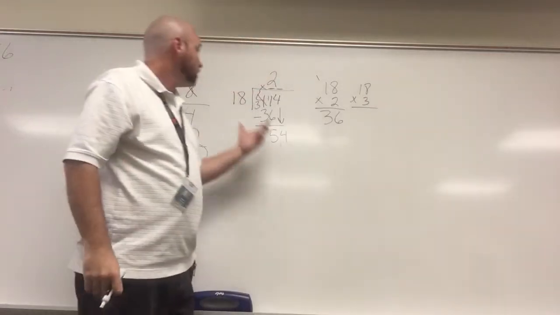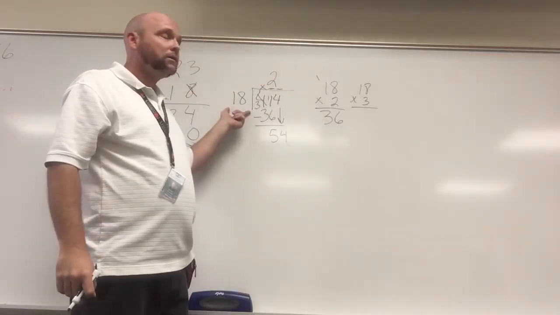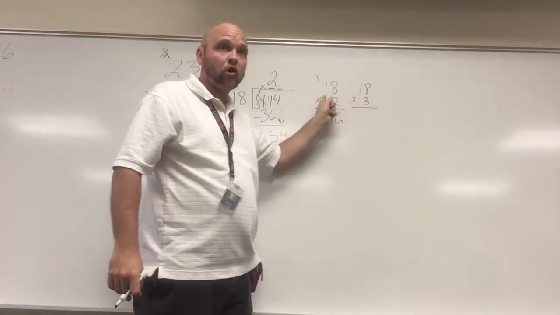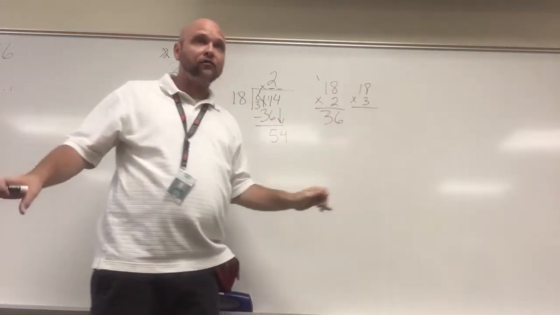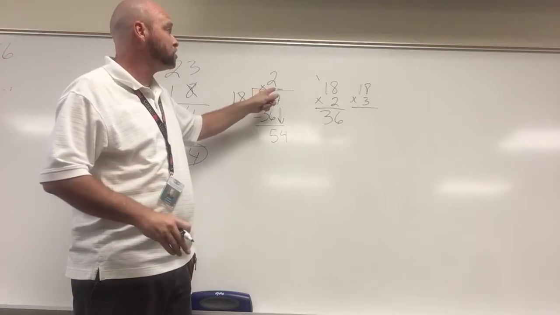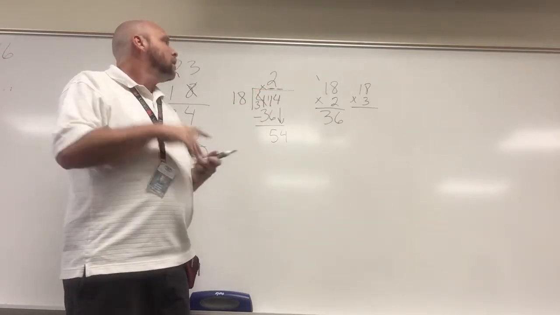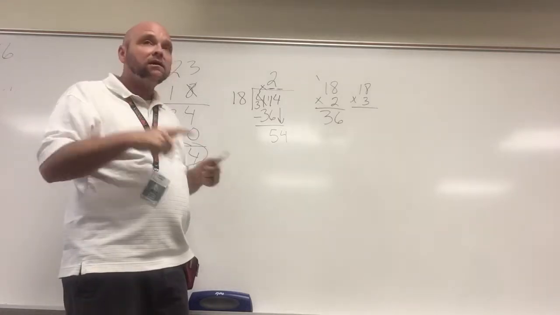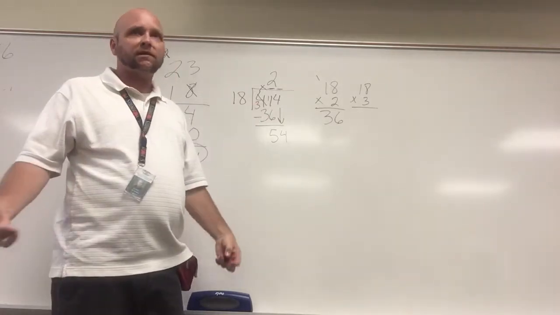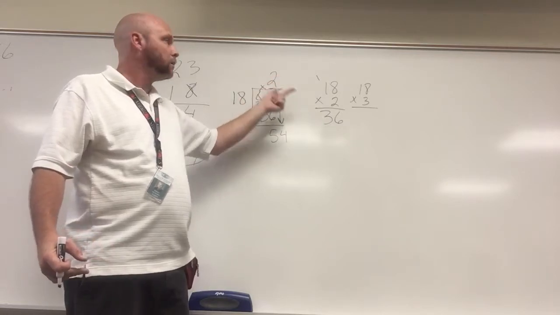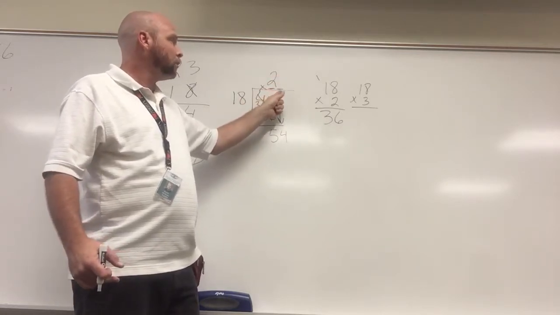And again, even though it's a 2-digit number, you're still only multiplying by a 1-digit number ever. That's all you're ever going to multiply because you're putting 1 digit in at a time. And some people are like 18 plus 18 plus 18 until they get to 414, and that takes forever. But if you just realize you're only putting 1 digit in at a time, so we only have 1 number here and we need 1 number there.